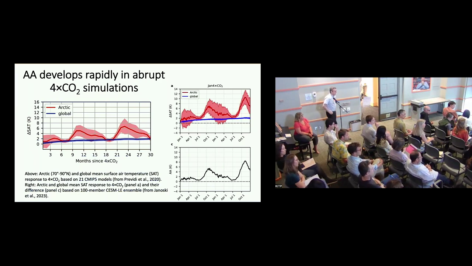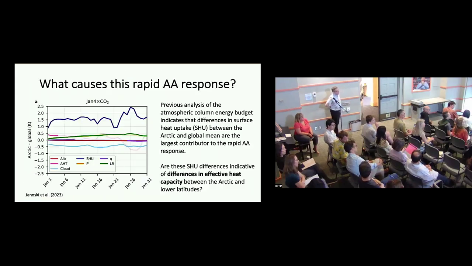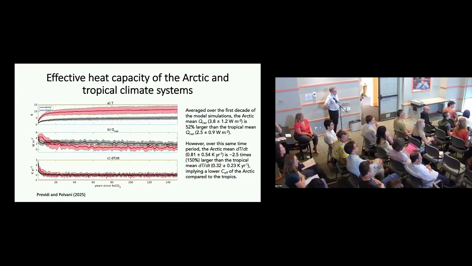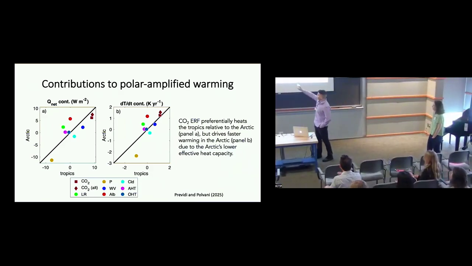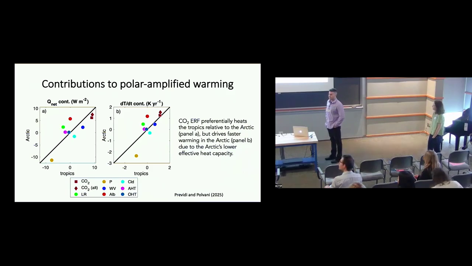No, I'm thinking about it in terms of the transient response. As I pointed out earlier, for the equilibrium response, we just need to know, in panel A, QNet, how the forcing and the different feedbacks are different between the Arctic and the tropics.